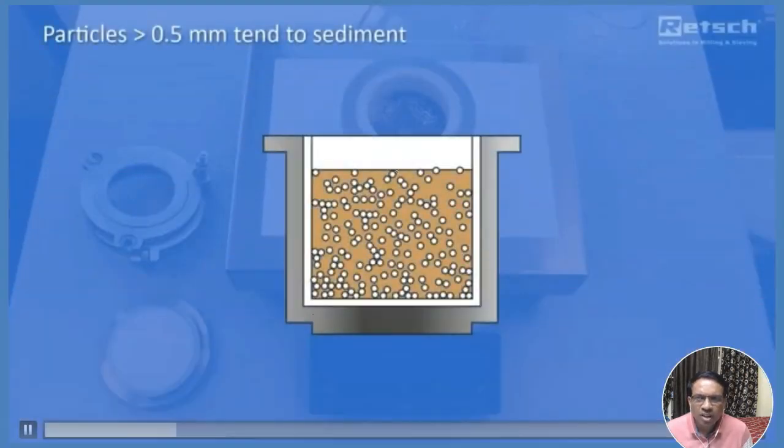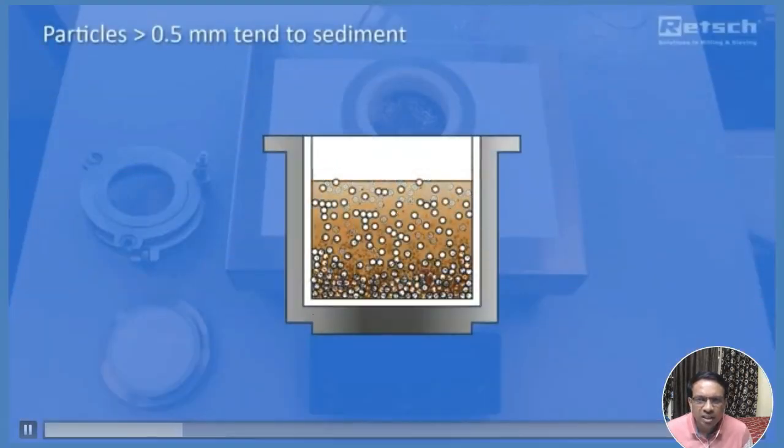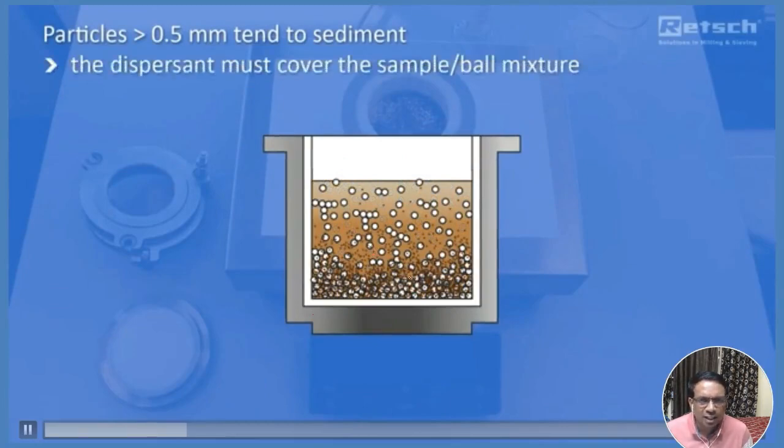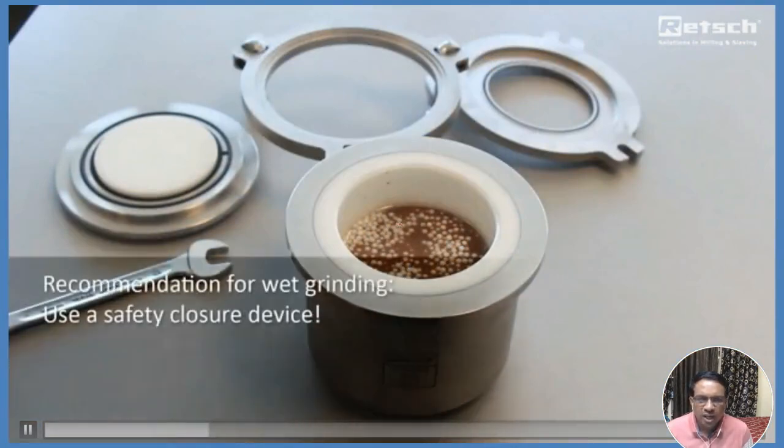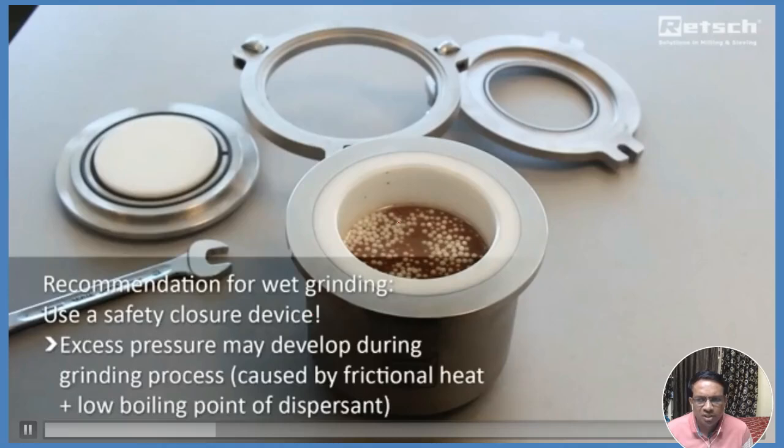If we leave it for some time, it will get sedimented, meaning the heavier particles at the bottom will join together and the lighter particles will come to the upper side. Now we always have to follow the recommendation. We have to use safety closures.